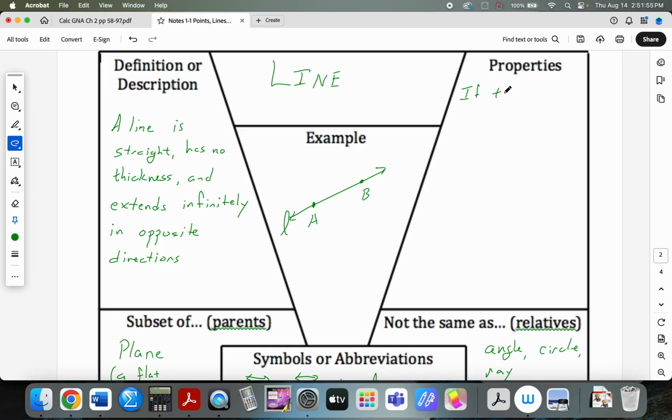If two lines intersect, they intersect at only one point. And we'll also add that not all lines intersect.